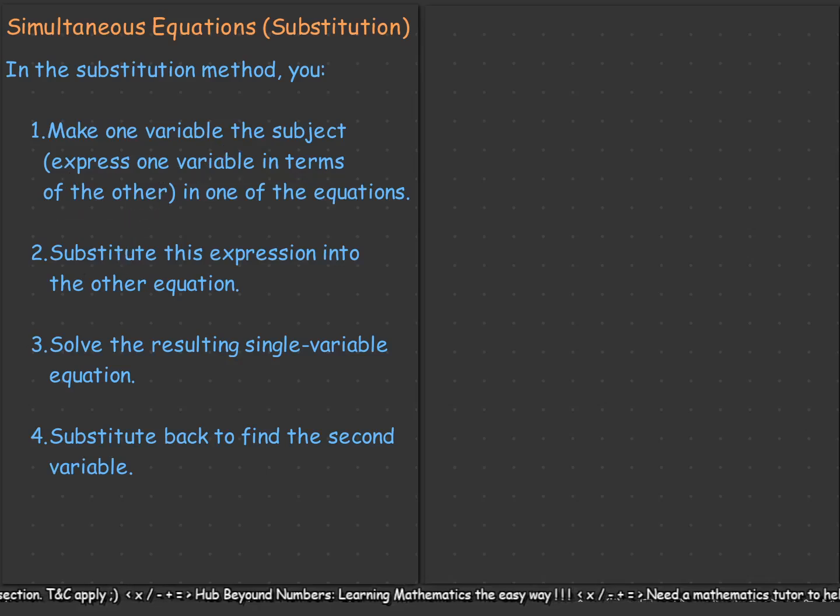You do that in just one of the equations. Now, if you're able to do that, you substitute this expression into the other equation. Then you solve the resulting single variable equation and you substitute back to find the second variable. Reading it wouldn't bring you a picture of what we want to do, so let's solve some questions to understand these steps.